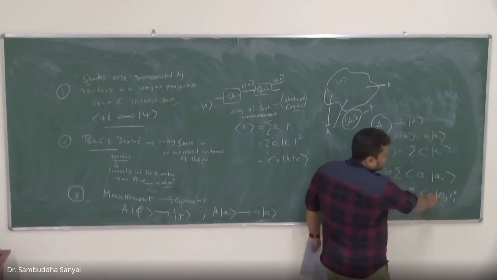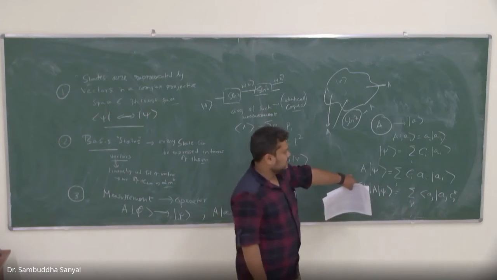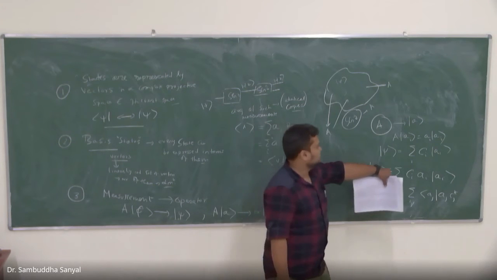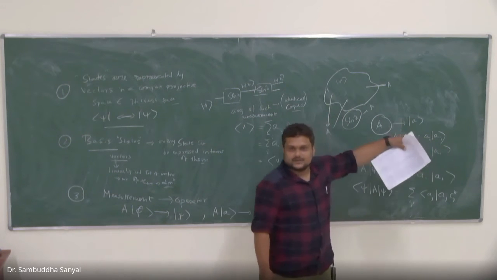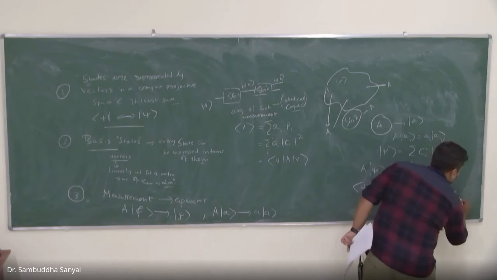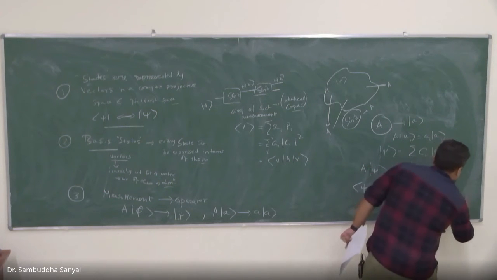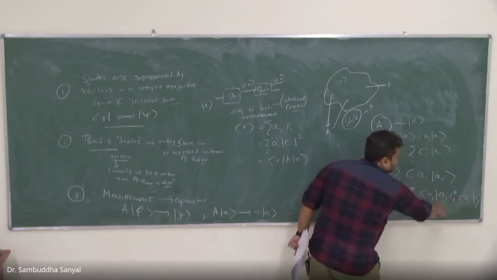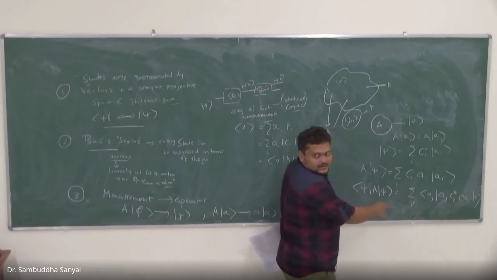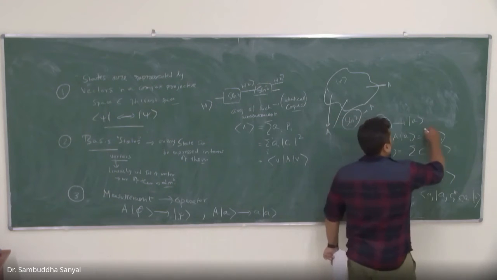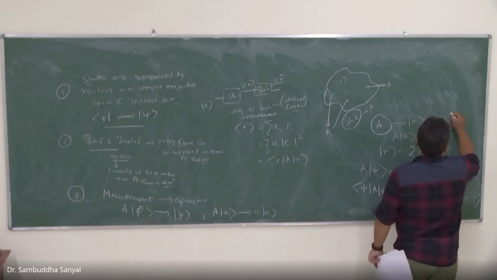I will tell you a little later that I will choose this A to be a Hermitian operator, for which a is always a real number, because a measurement must always give a real number. Now all these are scalar. I take out: ai and aj are orthogonal. Why are they orthonormal? Because, again, A is Hermitian.